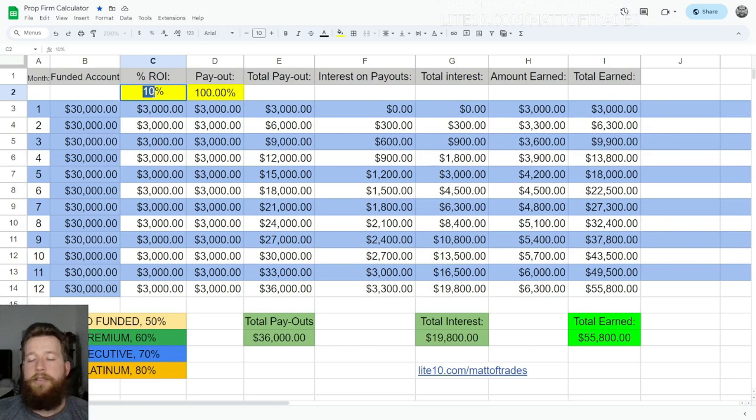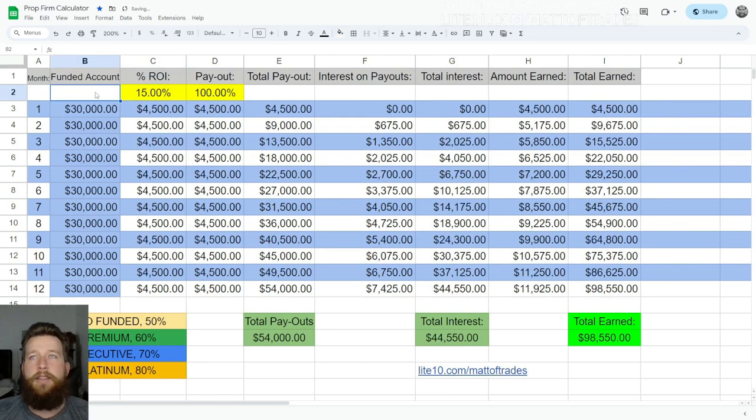Let's just go through some more hypotheticals, just because I'm a math person and data driven, and this is fun for me. Okay. So $30,000, if you're able to make a 15% monthly return, you'd only need 4 months. Well, about 3.5 months to get to the point where you're making $6,000.